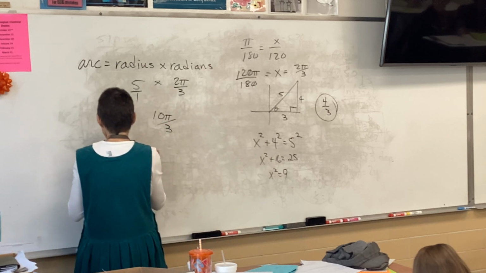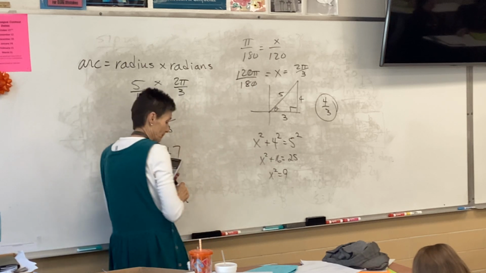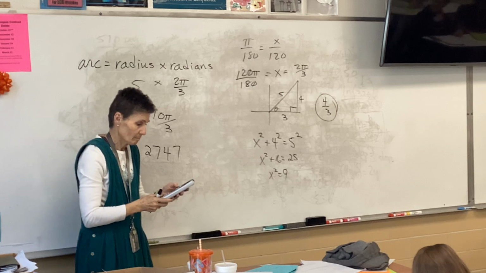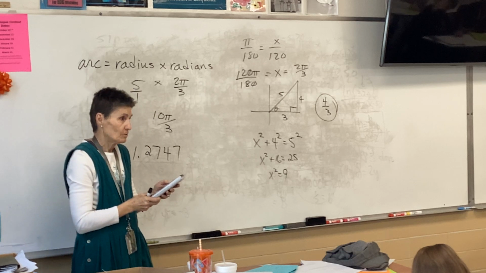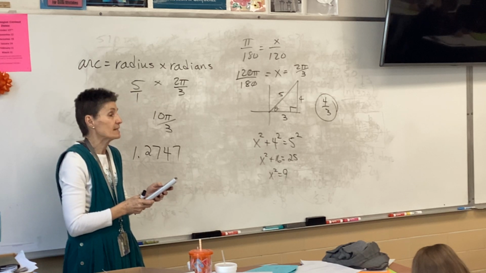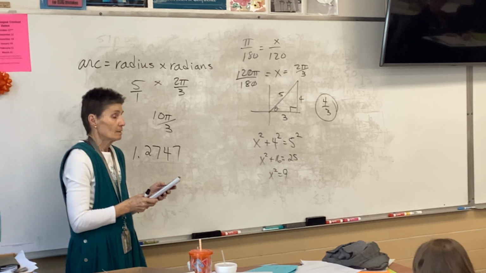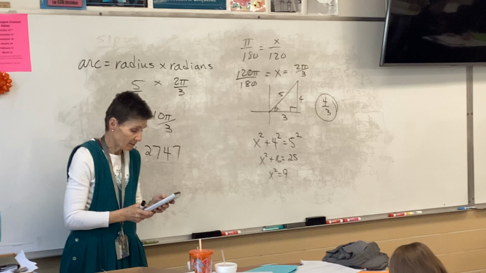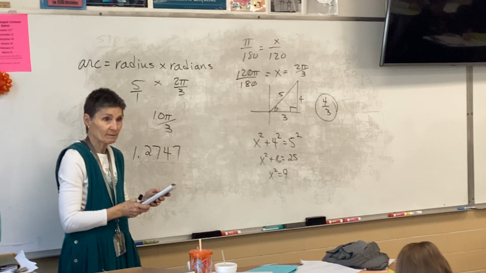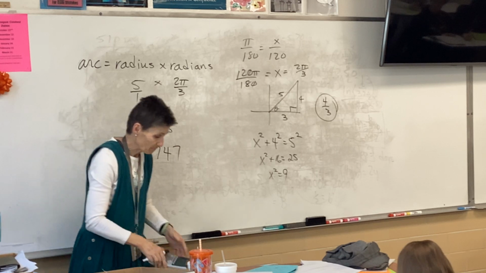I got 1.2747. No, there's no unit on that. That's a cosecant, so it's a ratio. That's not an angle. Everybody get that? Perfect.